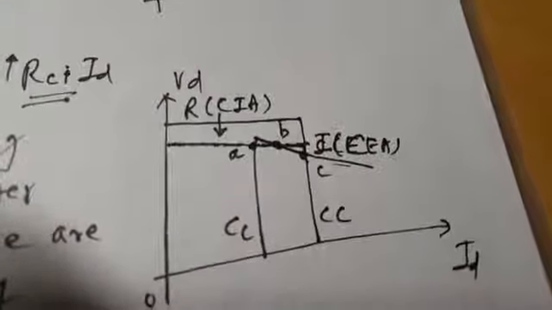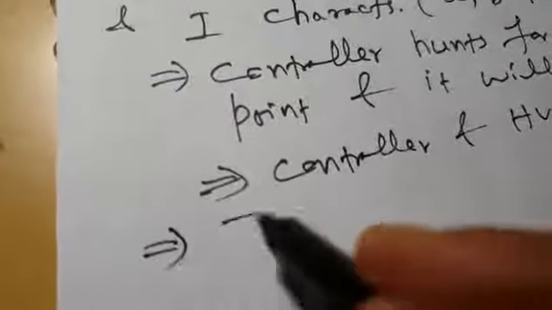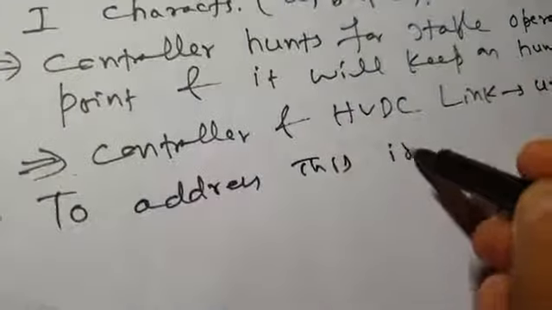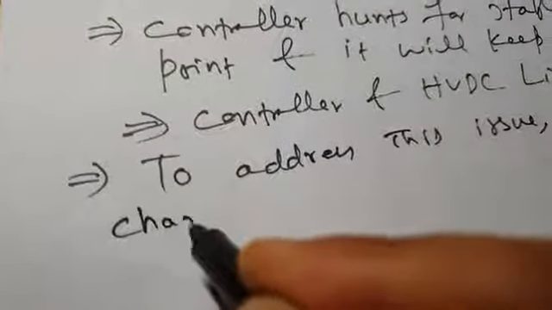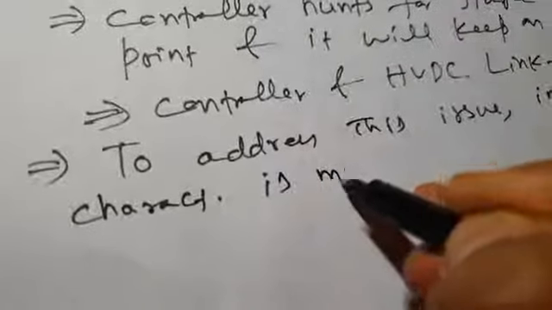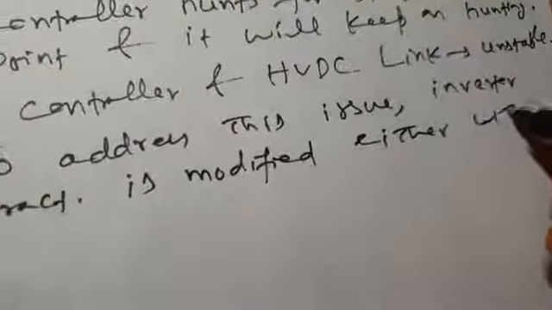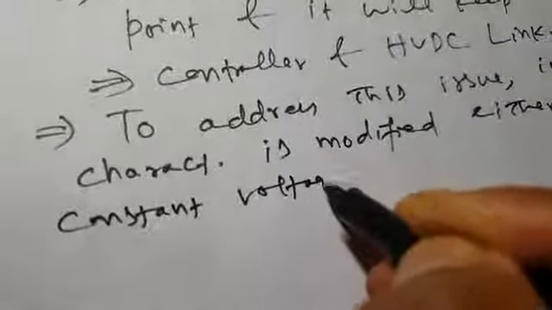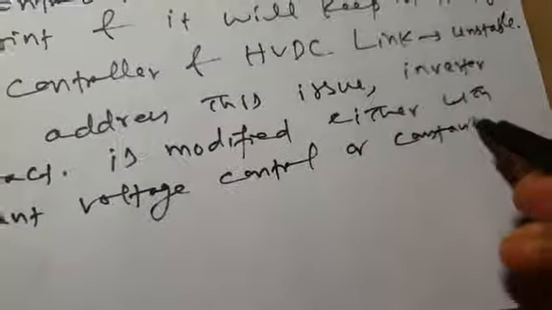So how to take care of this? In order to take care of this, the inverter side characteristics have to be modified. To address this issue, the inverter characteristic is modified either with constant voltage control, or constant beta control.